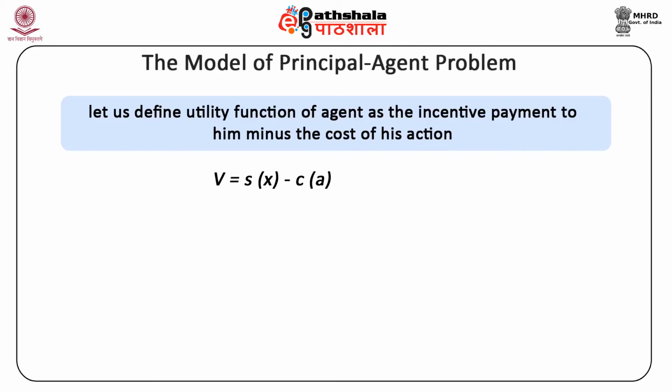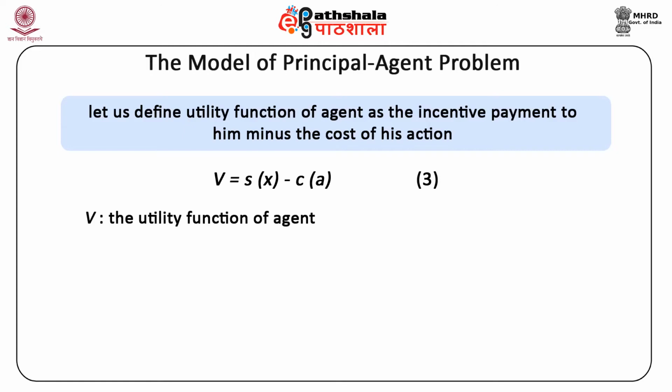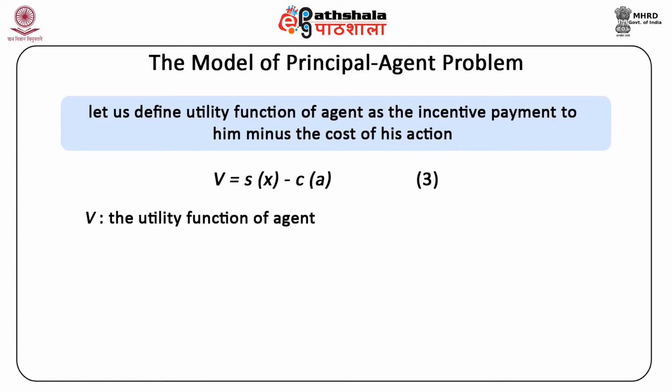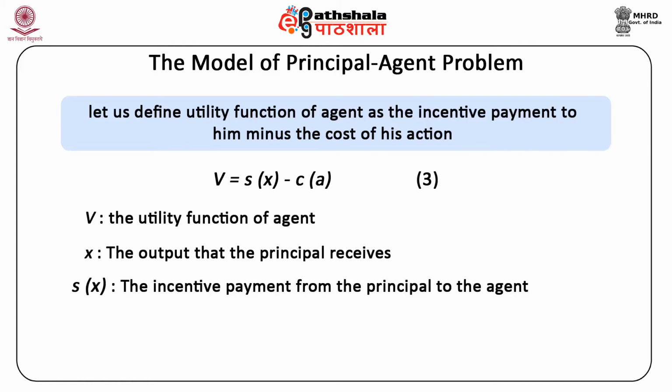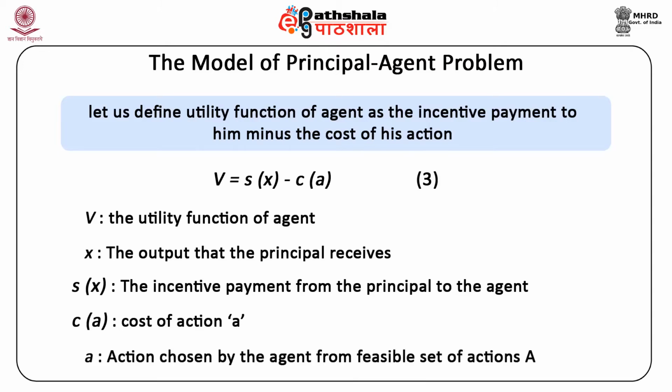This is equation 3, where V is the utility function of the agent, X is the output that the principal receives, S(X) is the incentive payment from the principal to the agent, C(A) is the cost of action A, and small a is the action chosen by the agent from the feasible set of actions A.